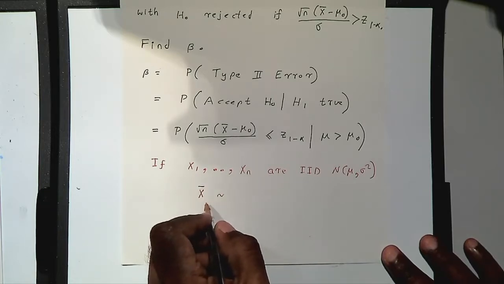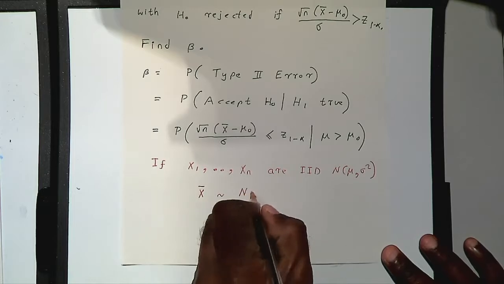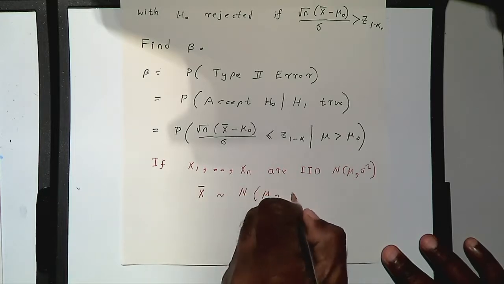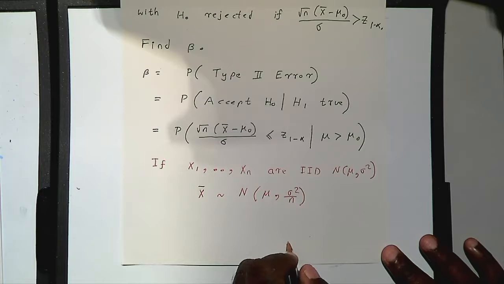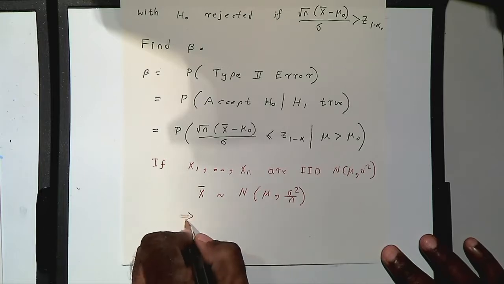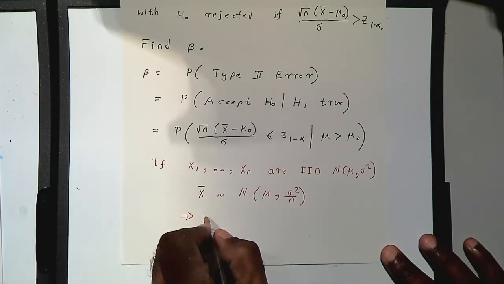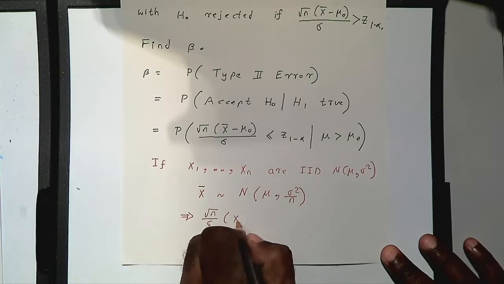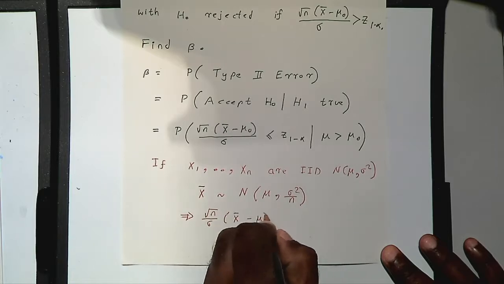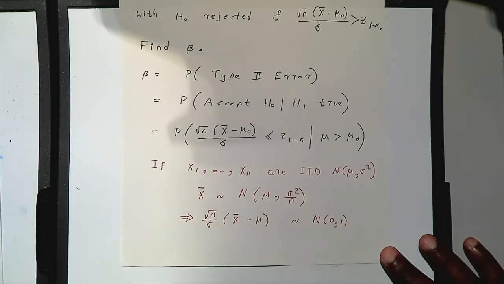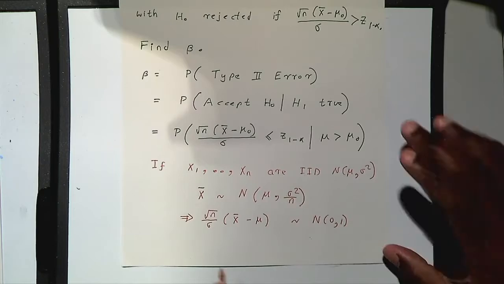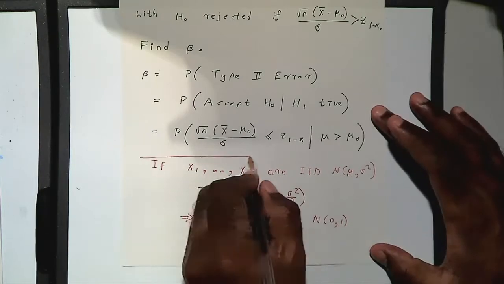What distribution does this have? It will have a normal distribution with parameters. Yes? And this implies that root of n times sigma multiplied by x bar minus mu will have a normal distribution with parameters 0 and 1. Do you remember this?